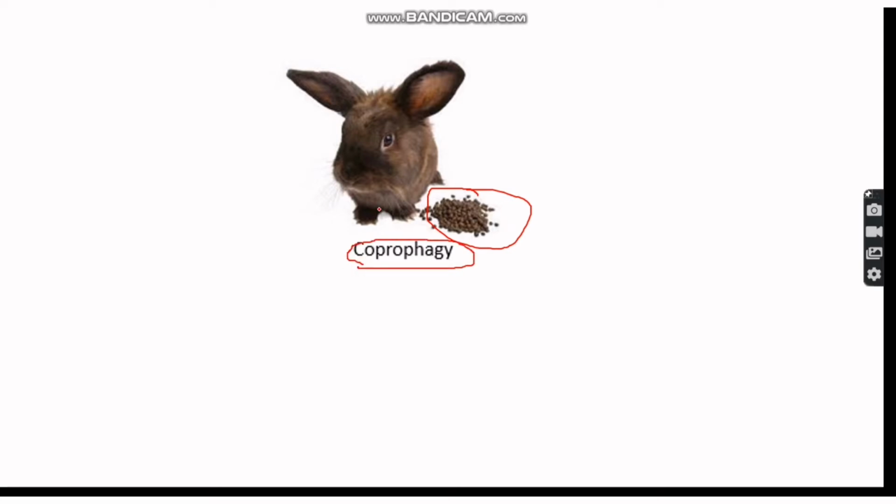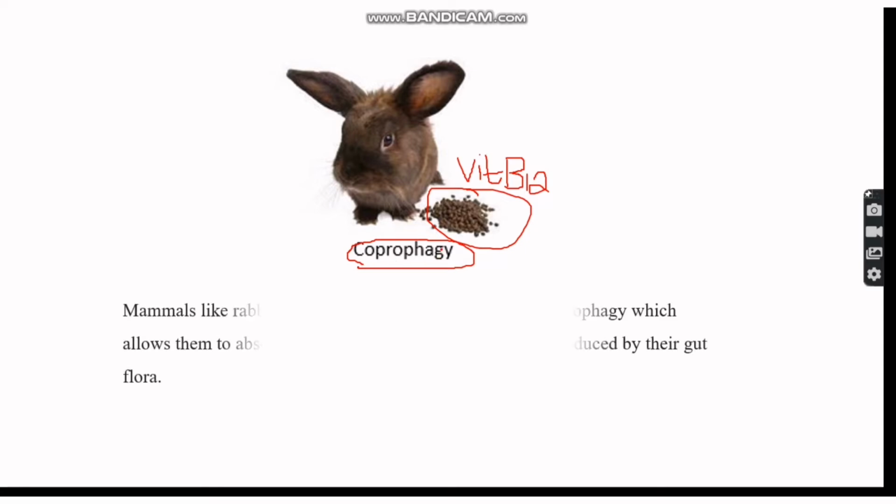While doing so, they are able to absorb vitamin B12 that is produced by the gut flora and directly released into feces. So by eating their feces, these mammals, rabbits and pigs, can overcome the deficiency of vitamin B12. This act is known as coprophagy.